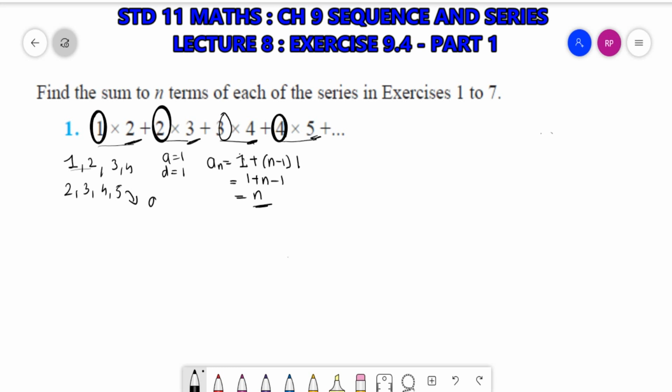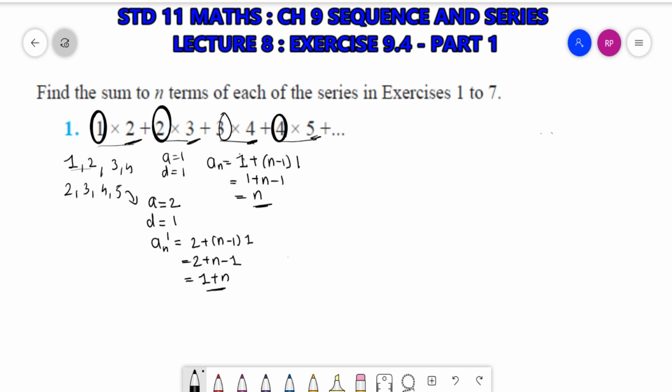For the second series, the first term is 2. The difference again is 1. So this can be determined by 2 plus n minus 1 into 1. So 2 plus n minus 1 will be equal to 1 plus n. So the second series can be determined this way.